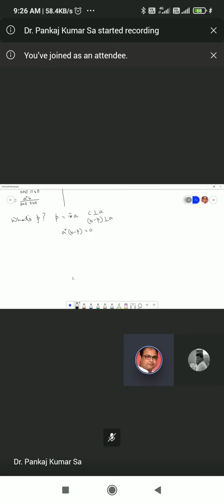Or A transpose (B minus x cap A) is equal to 0. This implies that A transpose B minus x cap A transpose A is equal to 0. X cap is a scalar quantity, right? I can take it left, right, wherever I want.